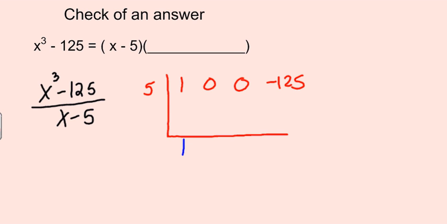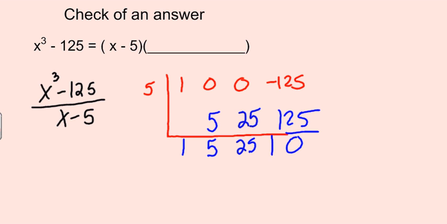So we're going to bring down the 1, multiply by 5 and we get 5. Add 0 plus 5 and we get 5. Multiply, we get 25. Add 0 plus 25 is 25. Multiply, get 125, and a remainder of 0 because it divides evenly.